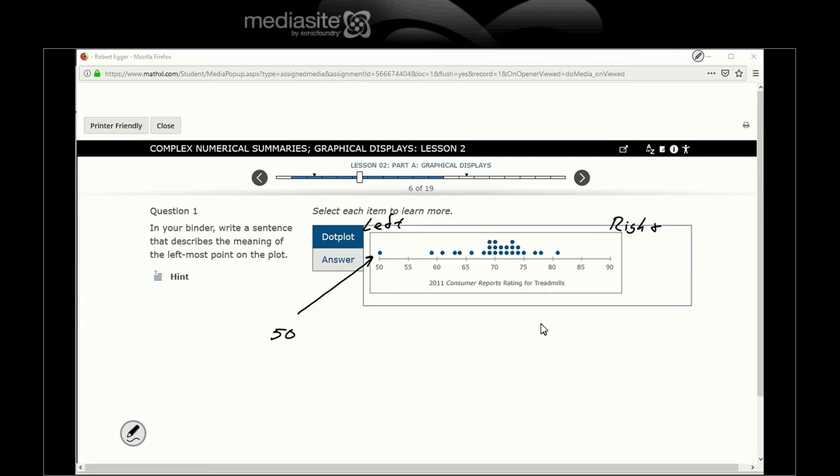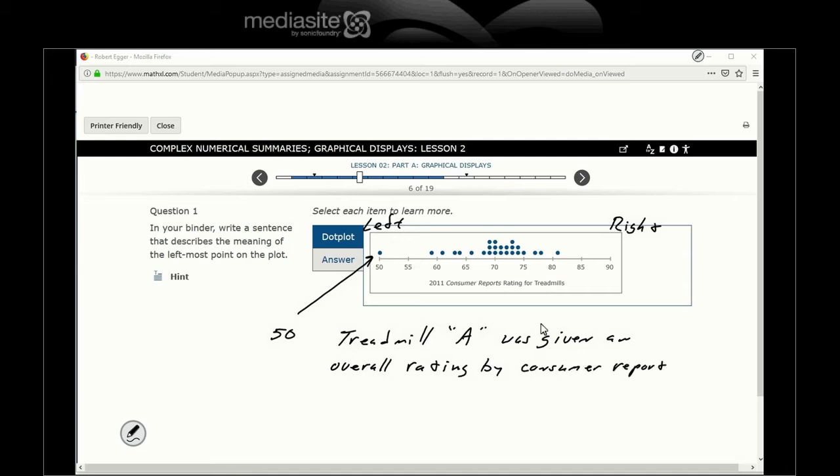All right. Again, this was ratings. So one possible answer is: a treadmill was given an overall rating by Consumer Reports of 50 out of 100.